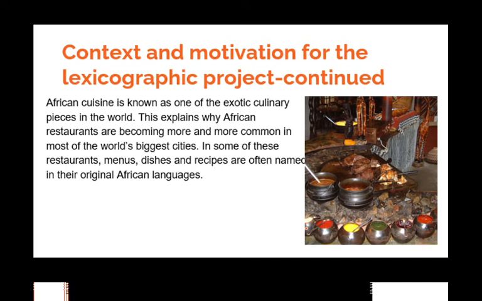This is because people are migrating for greener pastures, and they have this nostalgia where they have to consume their own food. And what happens is that these foods are normally prepared in the traditional way, and they are named in the traditional names. So the lexicographic project is important in documenting these foods and having a standard for their description.